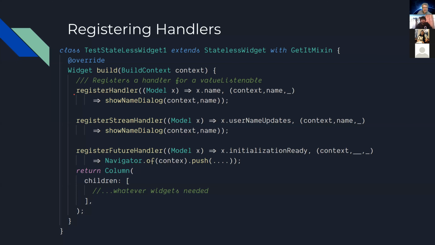For example, if I want to show a dialog the moment the name changes in my model class, I would normally have to use a stateful widget, register a handler for the name value notifier inside initState, take care to update it in didUpdateWidget, and dispose of it at the end.